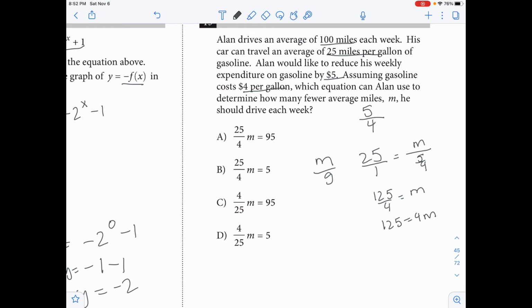So let me just divide both sides by 25 in order to get the average miles. So we're going to get 4m over 25 equals 125 over 25. So that should be 5. So therefore we get answer choice D.